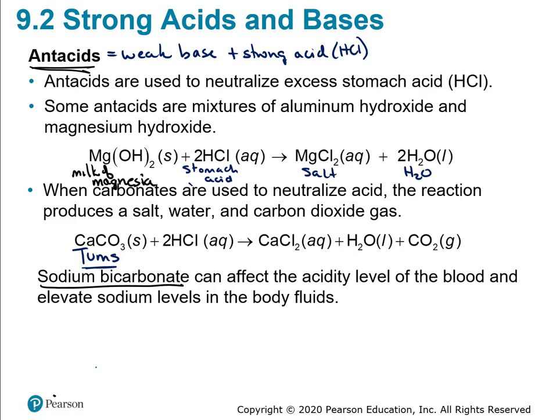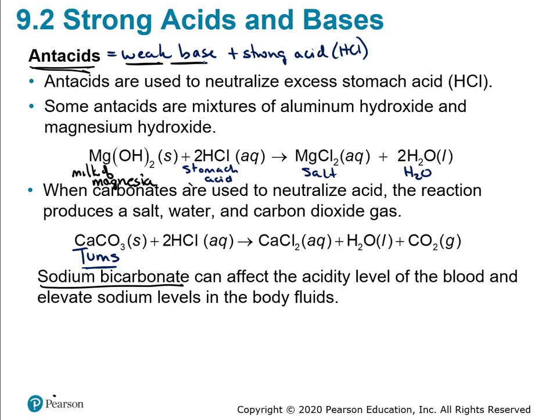So instead, an antacid is a weak base, and that will not react with the lining in your mouth or in your esophagus. And once it gets down into the stomach, though, it will still react with the excess stomach acid. So magnesium hydroxide, that's found in milk of magnesia. It's also one of the components you find in Rolaids.